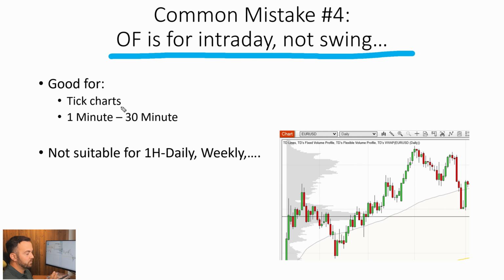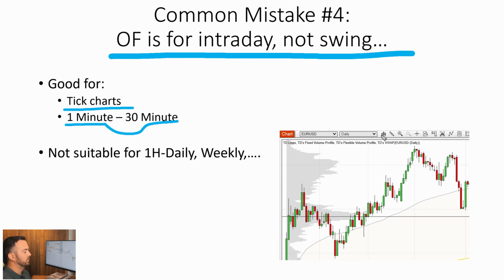But if you want to trade with order flow, you can use, for example, tick charts or 1 minute through 30-minute time frame. That's like the maximum, right? If you want to use higher time frames, like let's say hourly, 4-hour, daily time frames, then order flow is not a tool for that.